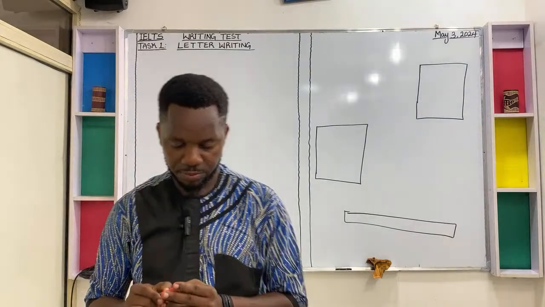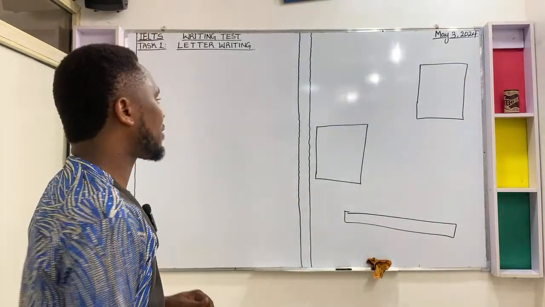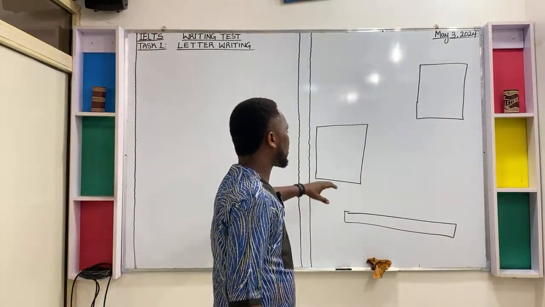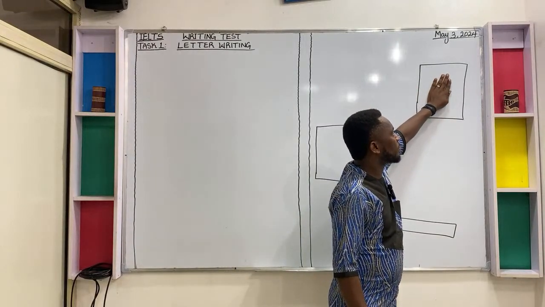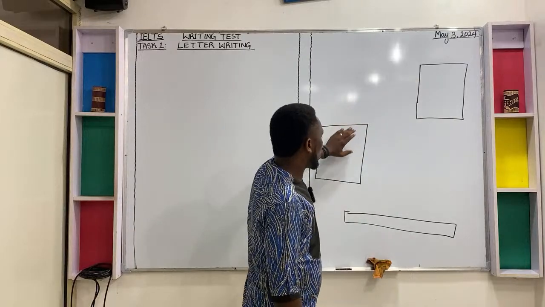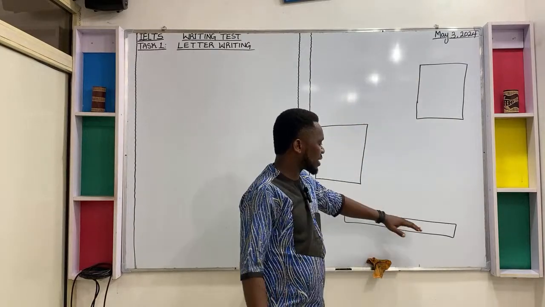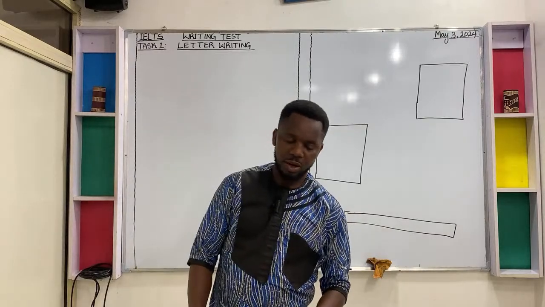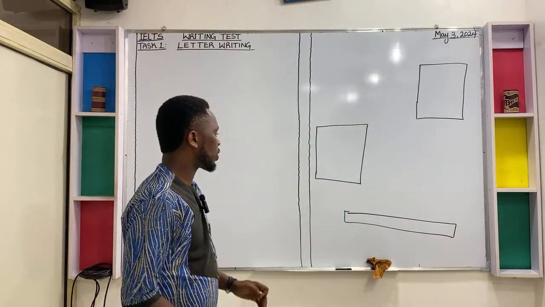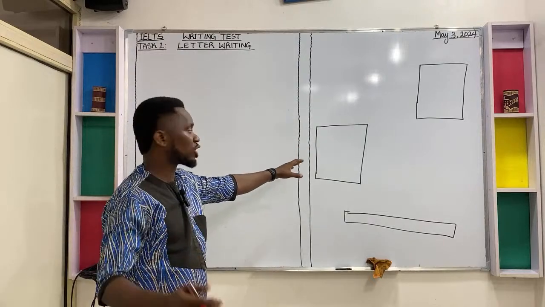From the YouTube platform, what do you write at this corner of your paper? What do you write on here, and what do you write at this part of your letter? I would like to see your response to this question at the comment section of this video.